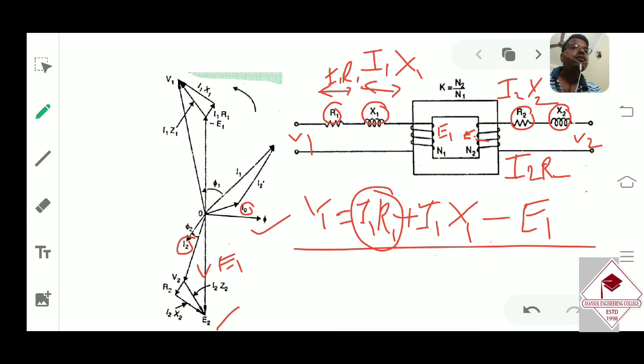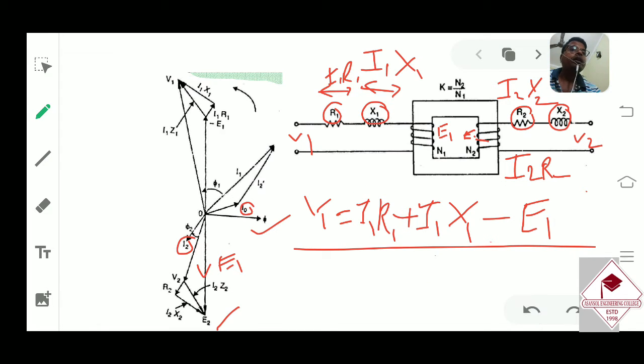Since I1 R1 is the voltage across this resistance, this I1 R1 voltage drop should be in phase with I1. Hope you are getting it. Since it's resistive, the voltage across this resistance should be in phase with the current flowing through it. So this is the concept.